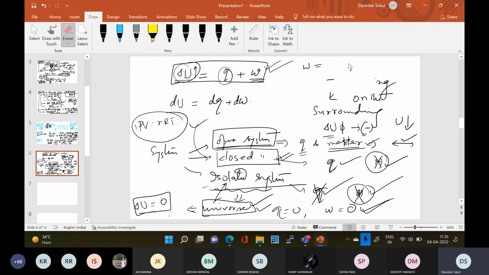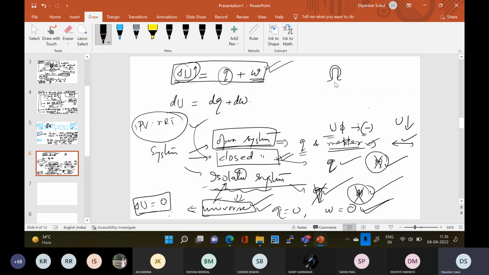I can give you a very easy example of it. Suppose you are inflating a balloon. When you are inflating it, that means you are giving some matter, some air is going inside. And what is the effect of that?